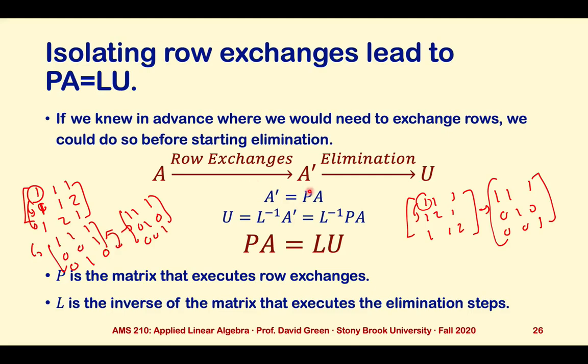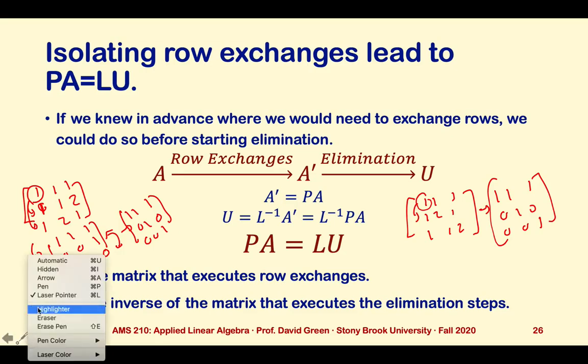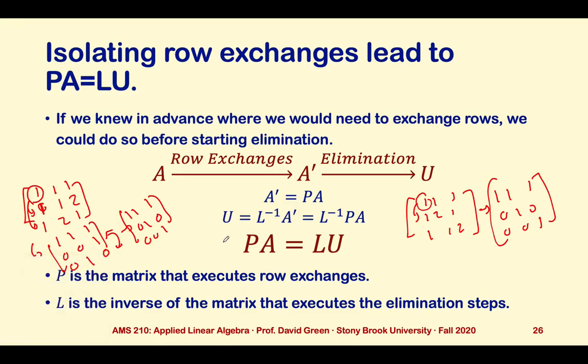A prime, of course, was P times A. This gives us U equals L inverse times PA, or PA equals LU. Essentially, this preconditioned PA is, of course, equal to A prime.